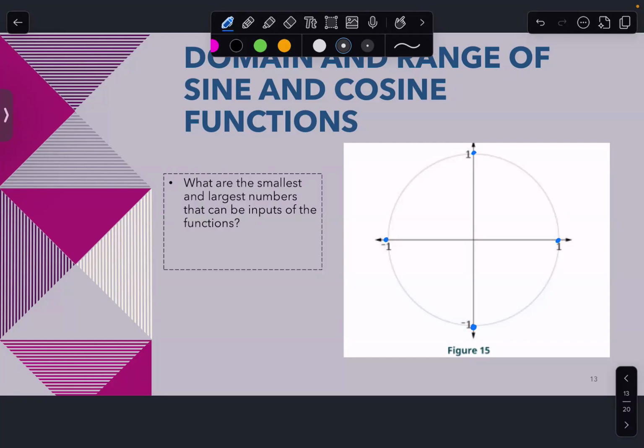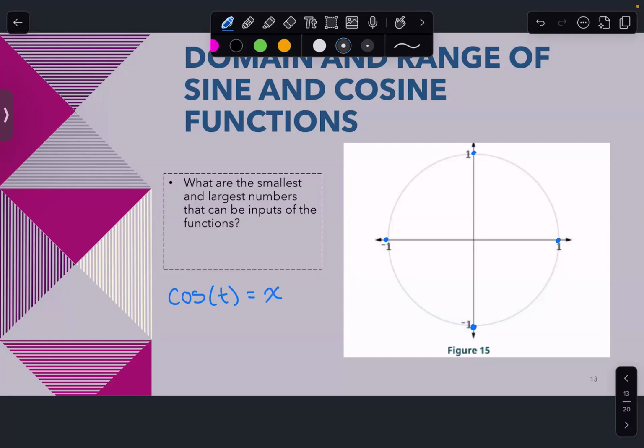So let's just say, for example, we wanted to find the smallest number for, and we'll just start with cosine. So if you guys remember cosine of our angle, we can call that measurement t or x or theta, we know that that number usually corresponds with the x coordinate.